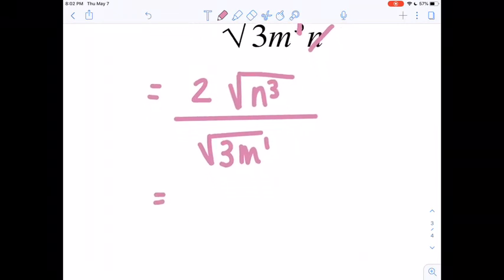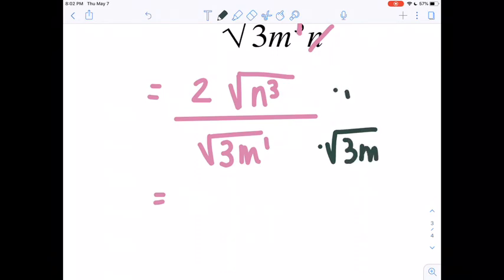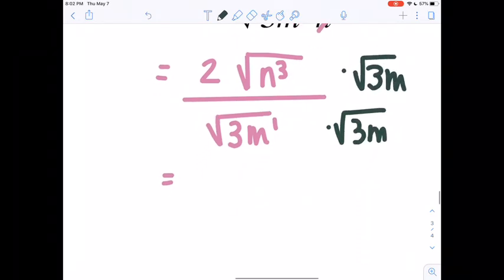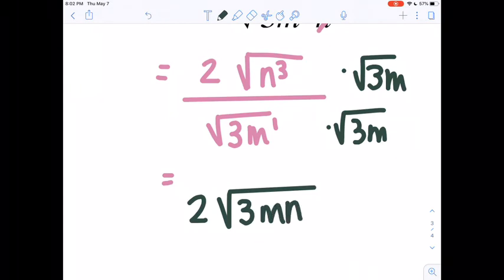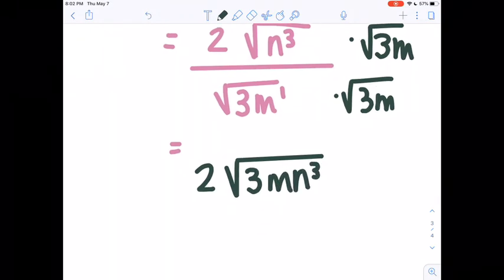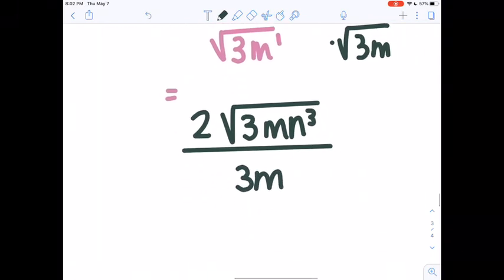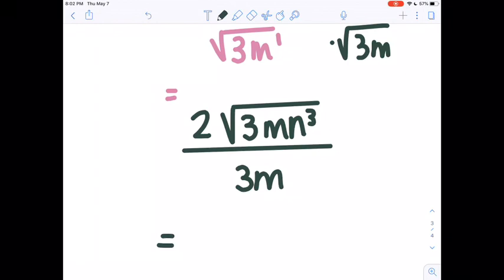Okay, so let's get rid of that square root in the denominator. So we're going to multiply by that same exact radical. So insides with insides, outsides with outsides. So in the numerator I get 2, and then the square root of 3m n cubed over, well, it's just going to be 3m without the square root. But I could see that I could simplify in the numerator.